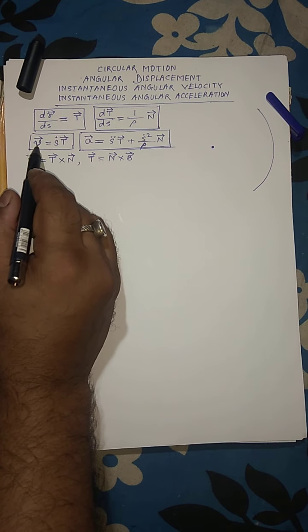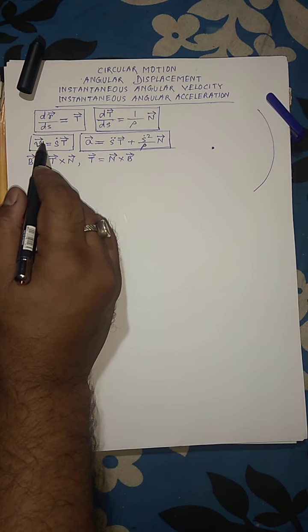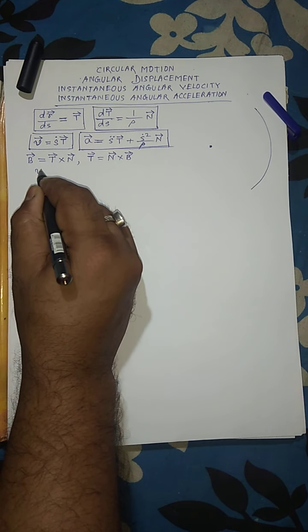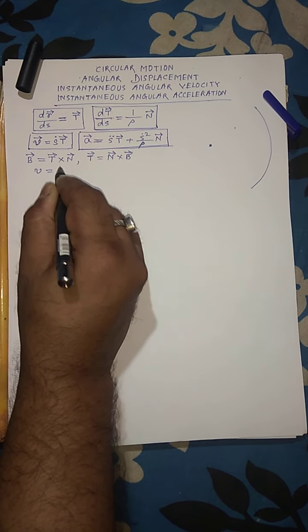The magnitude of the instantaneous linear velocity is equal to V is equal to S dot.